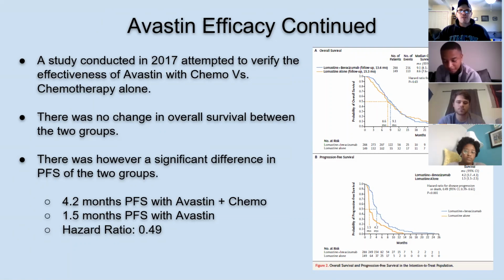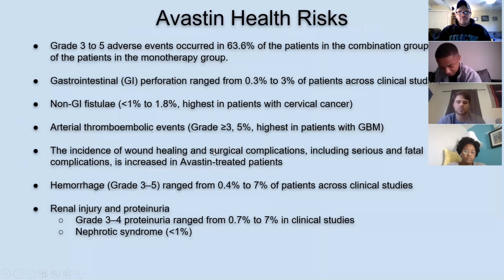So there are a lot of health risks that come along with Avastin use, mainly because of how it works, like we were talking about earlier. It's preventing the blood vessels. About 63.6% of patients are going to have some really bad health risks involved with taking it, right?